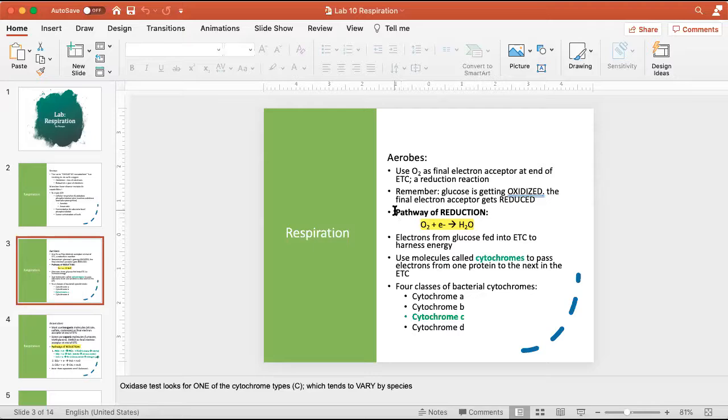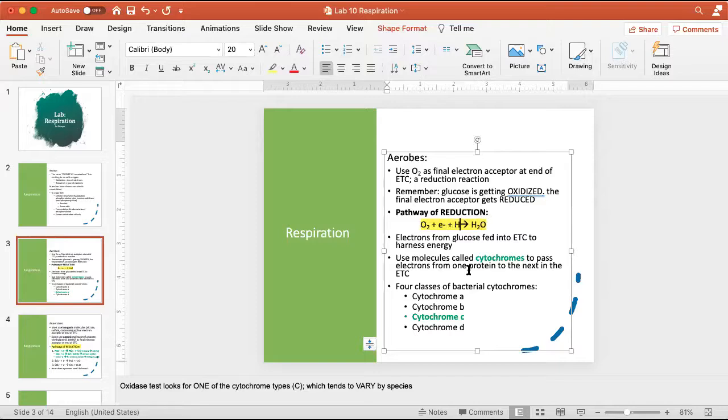Now, if we look at the reduction that happens at the very end of the electron transport chain, I've got the formula right here. It's not a complete formula. It's not balanced. In fact, I'm going to add this in too. But the general idea is shown in the formula: oxygen is going to get reduced at the end of the electron transport chain. All of the electrons that were released from the breakdown of glucose are going to be sent down the electron transport chain, and their energy is going to be harvested.